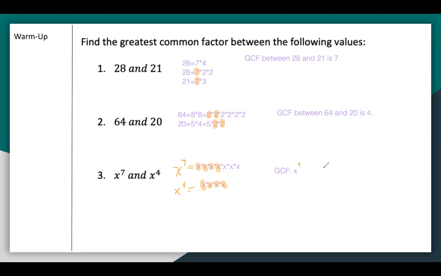Okay. And again, the reason why I wanted us to go over these 3 questions is because we're going to be doing something called factoring. And to start off, we're going to be talking about our first method, factoring by the greatest common factor. If anyone still needs time to write this one down, please feel free to pause the video. But then I'm going to move on.